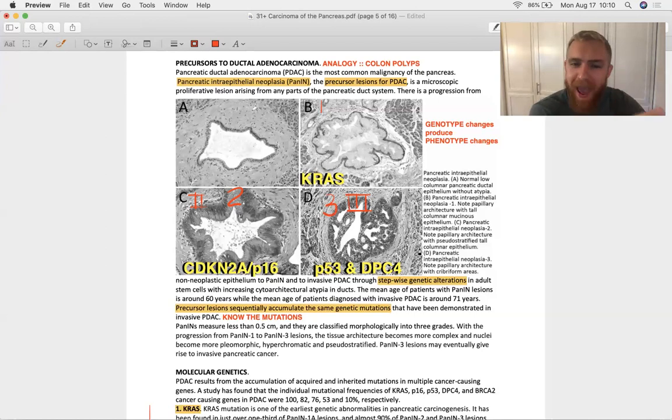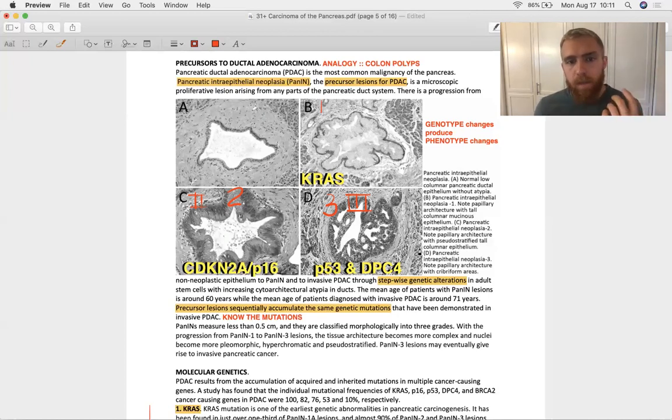If they show you a PANIN 3, what you need to know for the exam is that that PANIN 3 has already had a KRAS and a P16 mutation. But to push it from 2 into 3, it has picked up a P53 mutation and possibly a DPC4 mutation. So that's the sequence, the arrangement of genes corresponding to the gross morphology of these precancerous lesions.